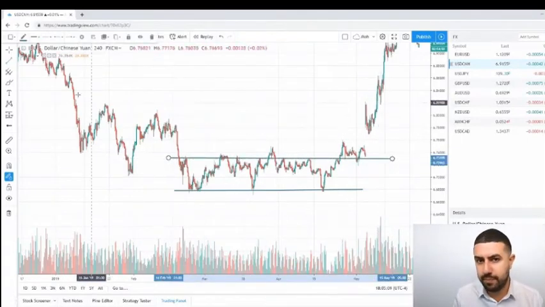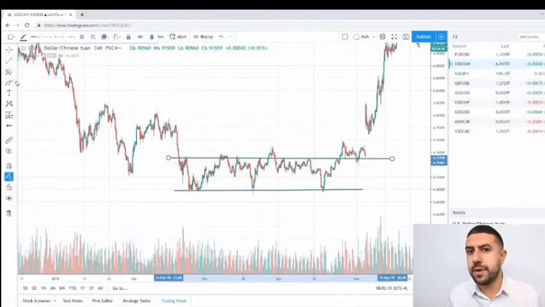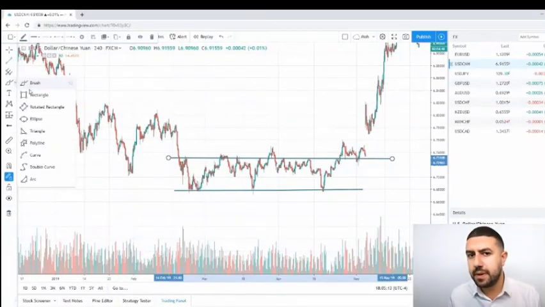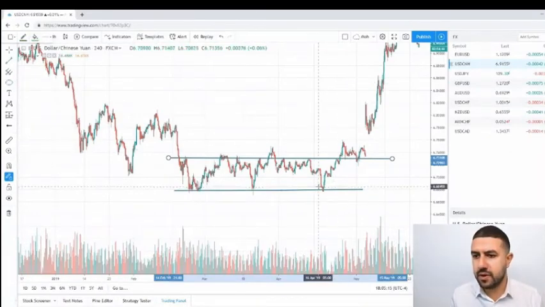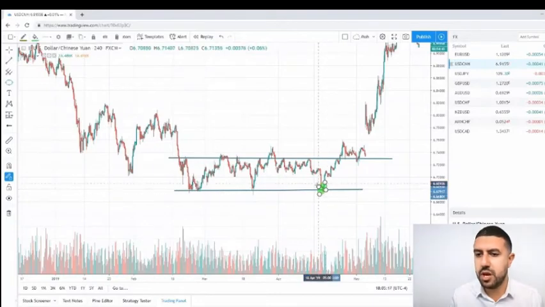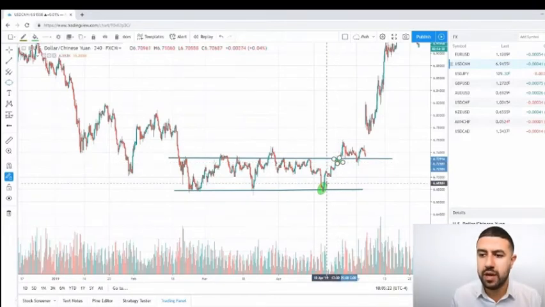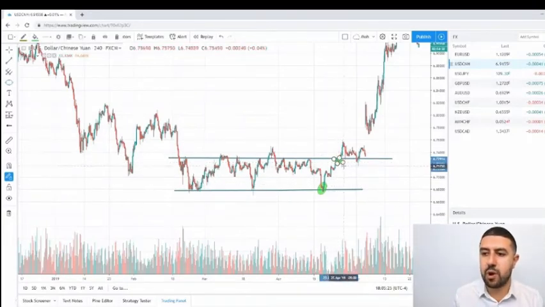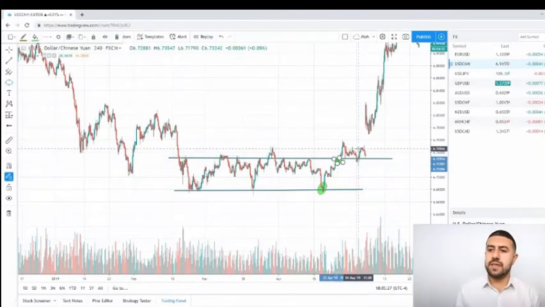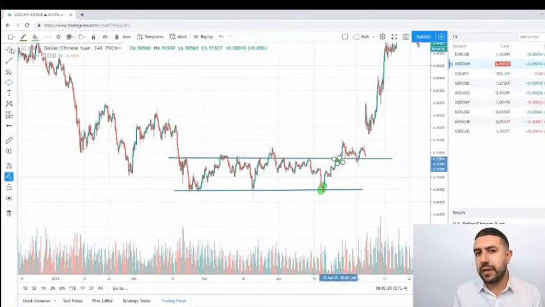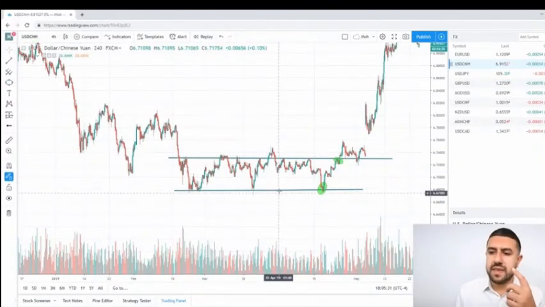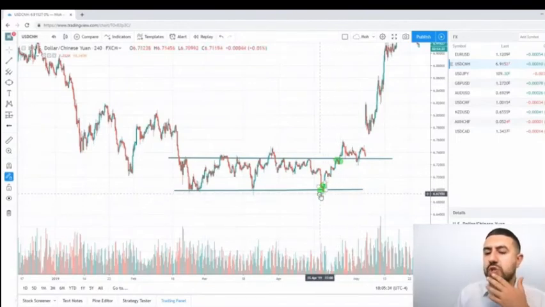I might have been able to buy somewhere here because I know that this is a support level. And then as soon as it touches the higher resistance level, I would have sold and made this amount of profit, right?